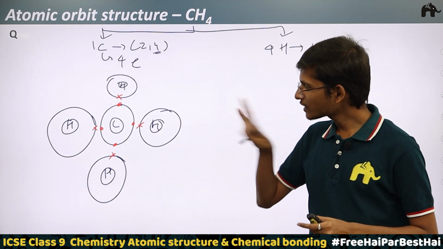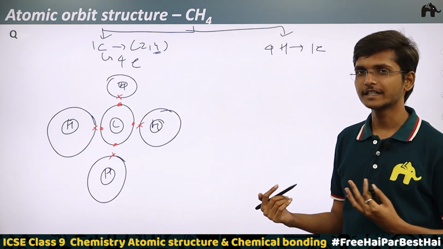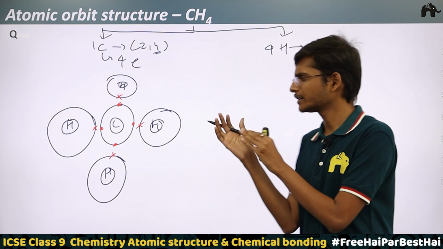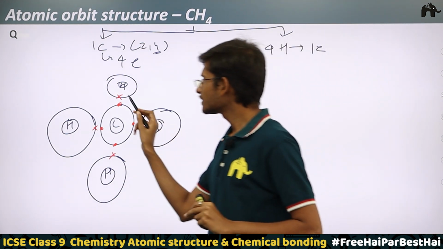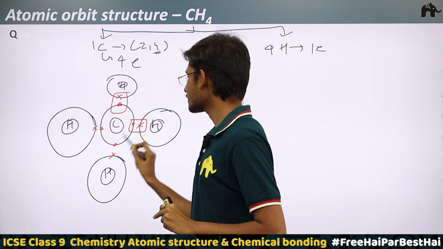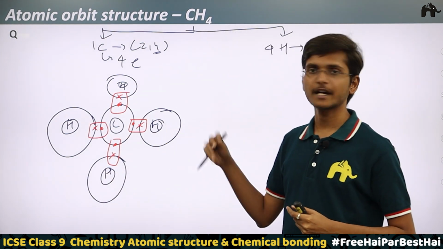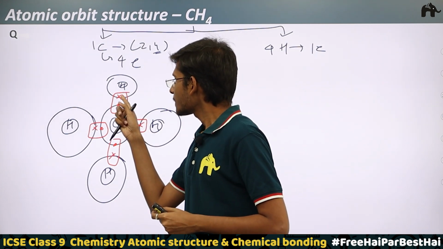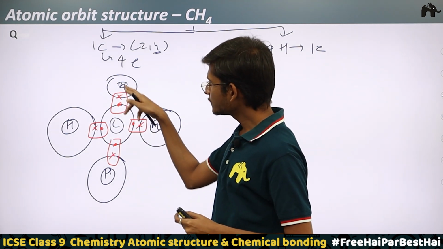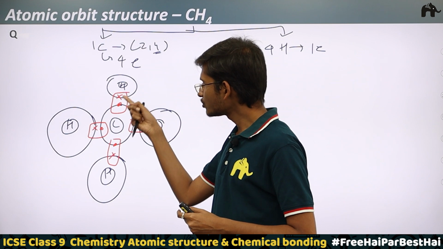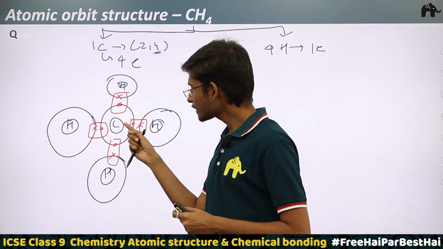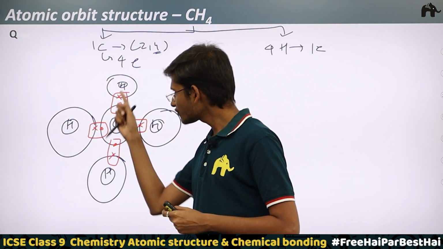Now you can see from the figure itself, you would have got the hint. It would be easy to understand that these electron pairs are going to be shared between the carbon and the hydrogen atoms. The electron of each hydrogen atom is shared with the carbon atom, and the carbon atom shares its electron with that hydrogen atom.